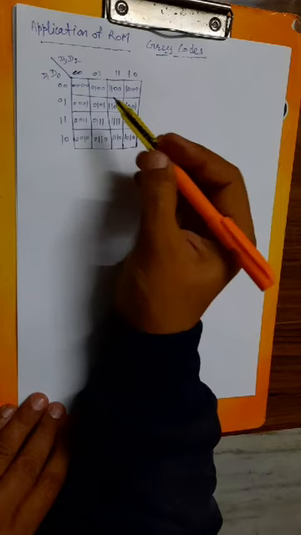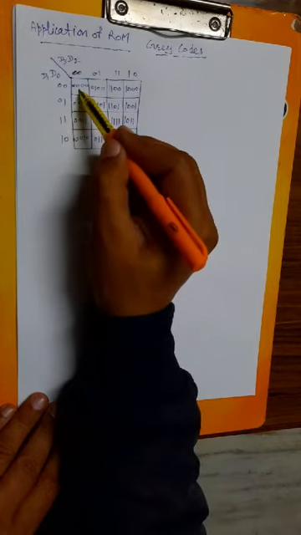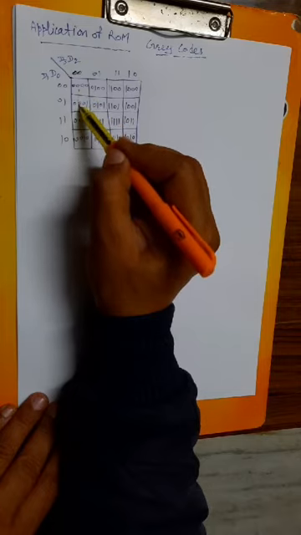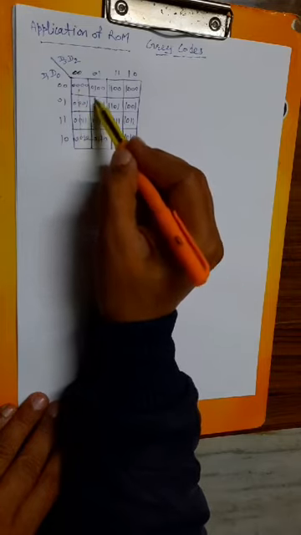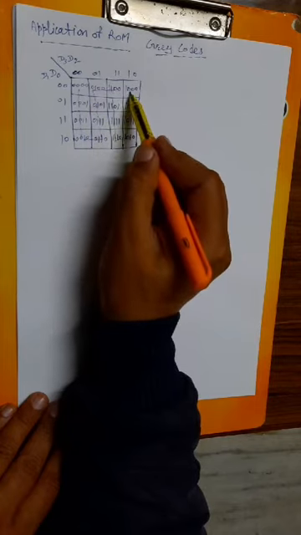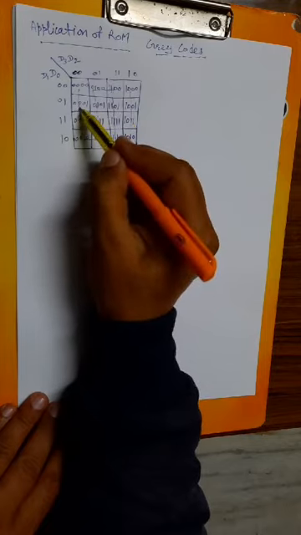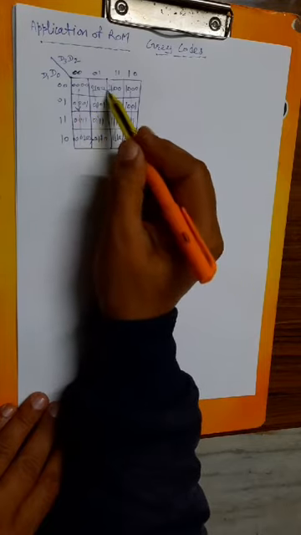We write all these codes by starting from here and going in this way, then in this way, and at last this. Okay, we write in this manner.